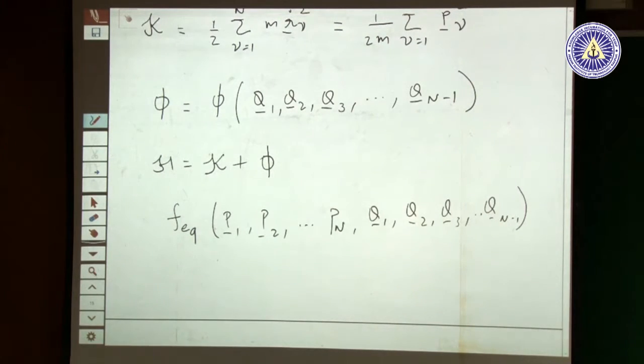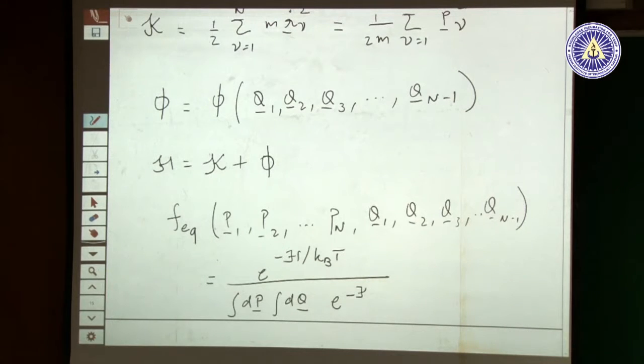And this, from equilibrium statistical mechanics, is given by e to the power of minus H over k_B T, divided by the integral dp dq, where I am going to use this shorthand p to denote all the p coordinates and q to denote all the q coordinates, of e to the power of minus H over k_B T. This is just the partition function, the denominator.